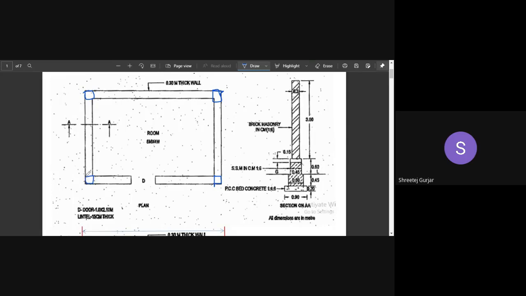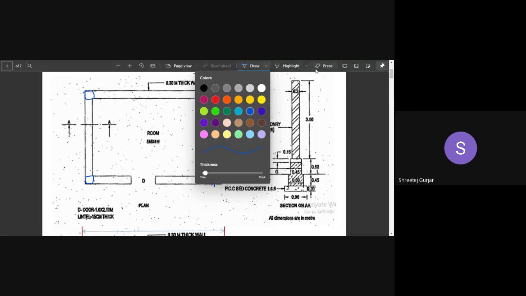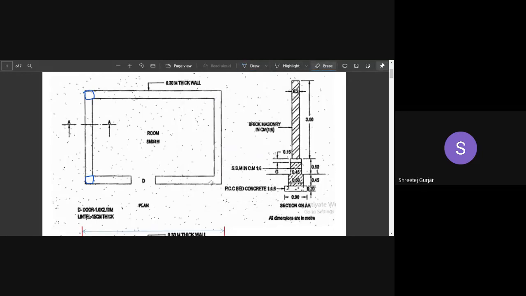But since there are no columns, this is the load bearing type of structure, wherein you do not have columns. The roof, that is your slab, is supported on the wall directly, or on beams, and the beams are supported on your walls. There is a plinth, a lintel level beam running continuously, and there are no columns.